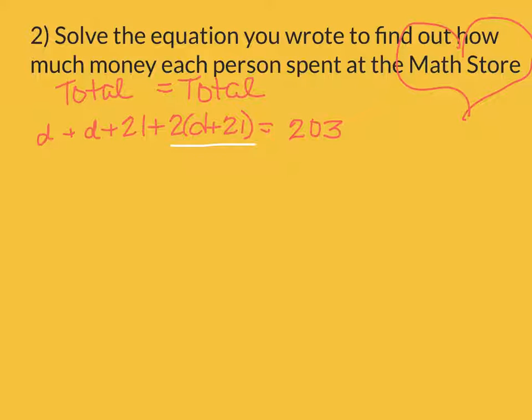So we're going to send that 2 over the top inside, using our distributive property, here we go, woo! Isn't it fun? Woo! Again, so that's 2 times D plus 2 times 21. 2 times D, of course, is 2D, plus 2 times 21 is 42.